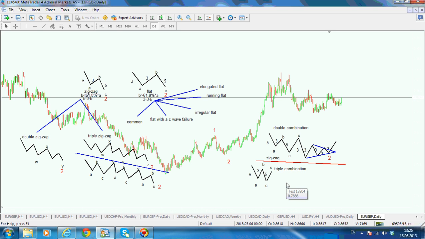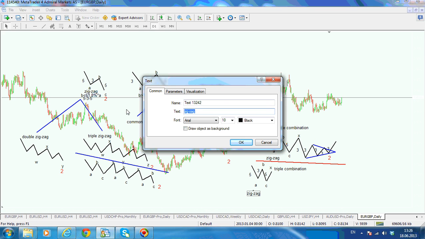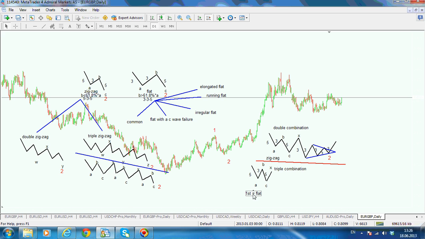And this X wave is being called an intervening X wave, and the intervening X wave just connects the two corrections. So this is your first correction, so just write here that this is the first correction, equals a flat, okay?